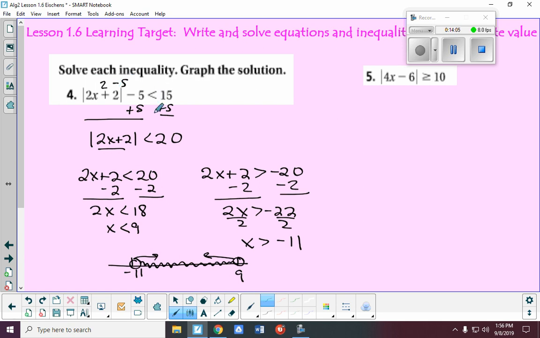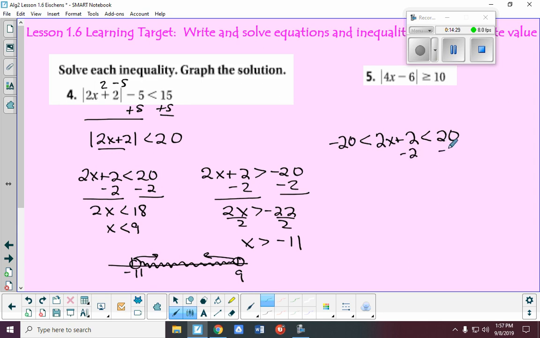Now the other way that I said you could do this is when you're doing a less than, you know you're going to end up with a sandwich type graph. So you can write 2x plus 2, and instead of writing them as two separate problems, you can say it's less than 20, which is what we did on the other side there, and it's greater than negative 20. So it's sandwiched in between those.